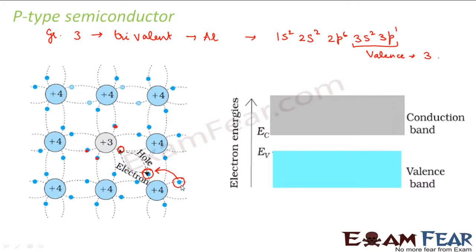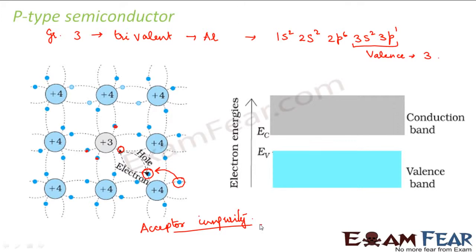In this case, the impurity is known as an acceptor impurity because the impurity is accepting an electron from the neighboring atom. So I'll just note it here: this is known as acceptor impurity, right? This happens at room temperature.